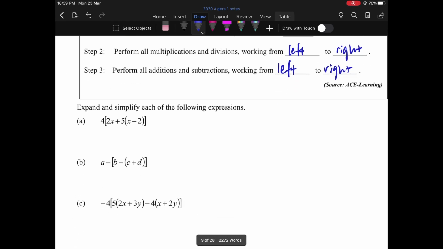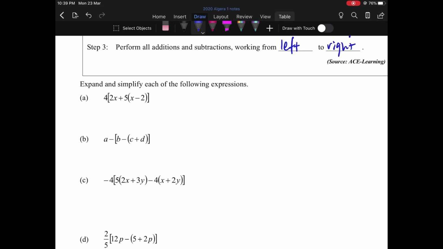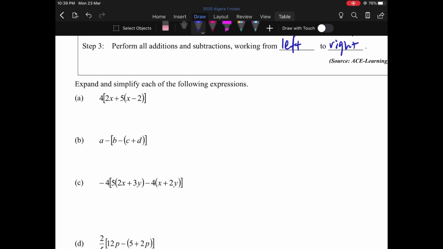Okay, so for part A, we'll always try to simplify the innermost bracket first. Okay, so we will get 4. Now let's simplify the terms in the square bracket. 2x.